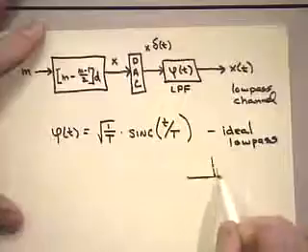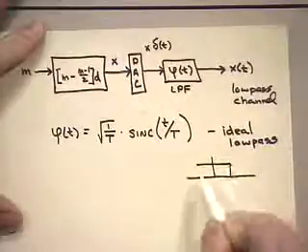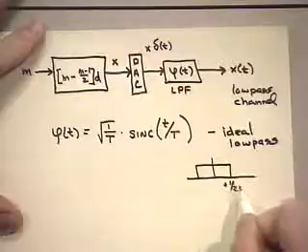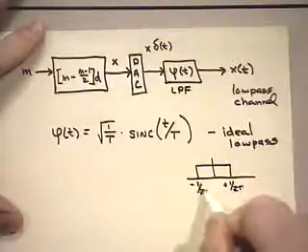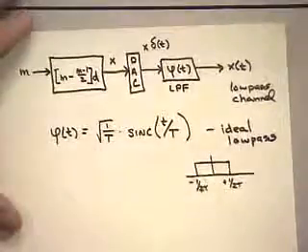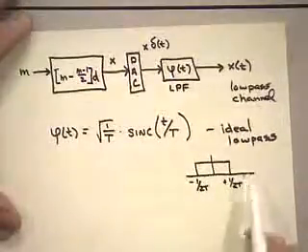In fact, its Fourier transform goes from plus 1 over 2T to minus 1 over 2T. It's going to be normalized by this factor, so the area under the square of this is going to be 1.